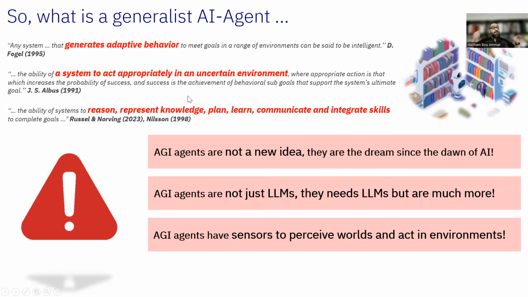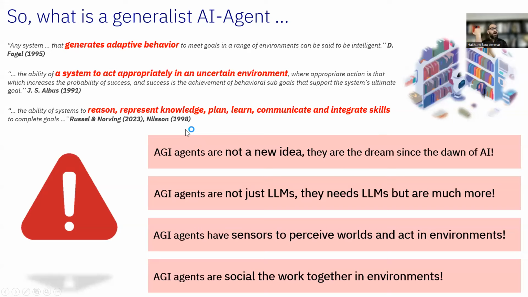Because they need to act in these uncertain environments, we expect those agents to be equipped with sensors to perceive the world, and actuators to act in those environments. And finally, those AGI agents are social, right? They need to talk to other agents, or maybe to humans, or maybe a combination of humans and agents.